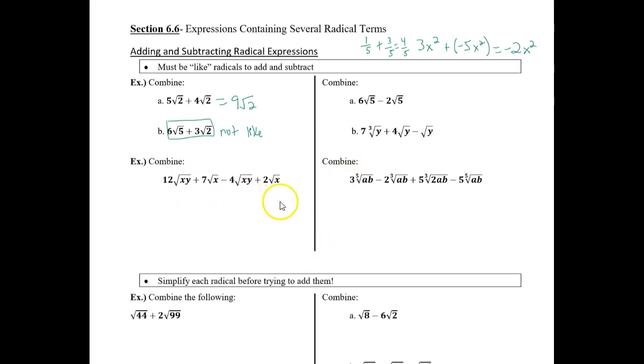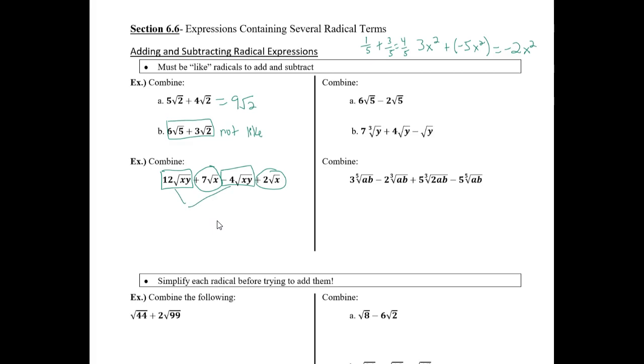In this next one, we have to identify the like radicals. So I have a square root of xy, square root of x, square root of xy, square root of x. So I see some like terms with the square root of xy's. I'm going to group those. And I see some other like terms with the square root of just x. So I add only the like radicals. 12 square root of xy minus 4 square root of xy.